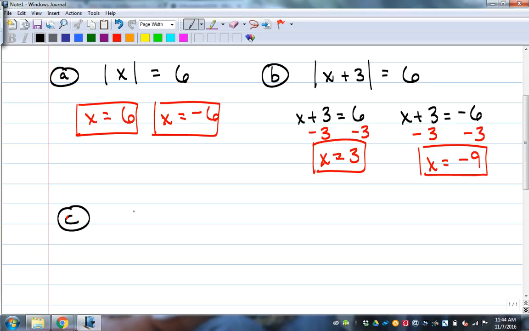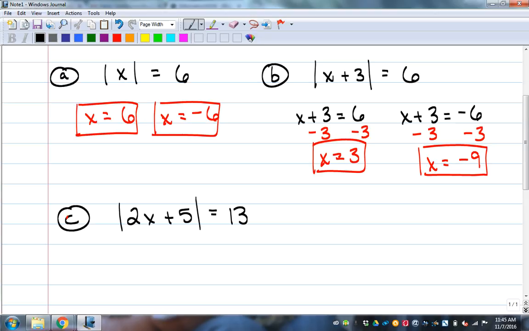Example C. Absolute value 2x plus 5 is equal to 13. So we have some absolute value, 2x plus 5, is 13 units away from 0. So what are the locations of 13 units away from 0?